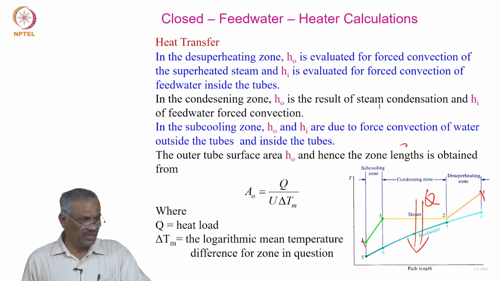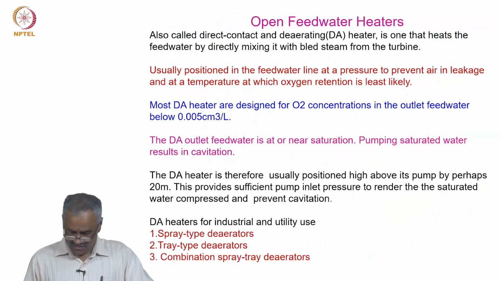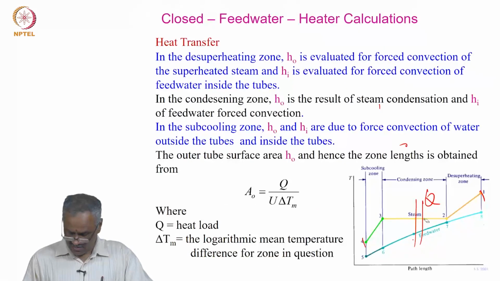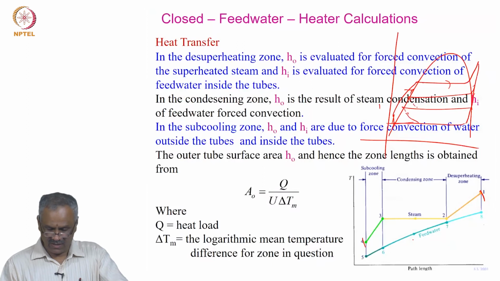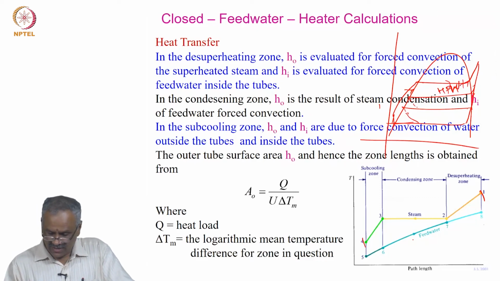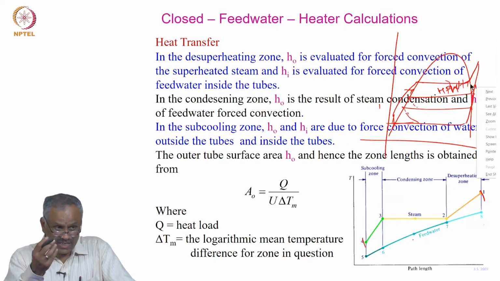If you go for low pressure feed water heaters, whereas this is a low pressure feed water heater. Low pressure means the steam entering the feed water heater is at saturated condition, whereas this is superheated. So, therefore, superheated, you are taking steam from the turbine.